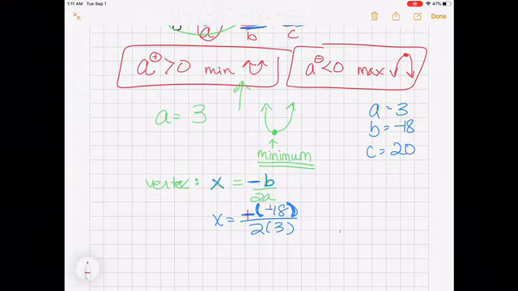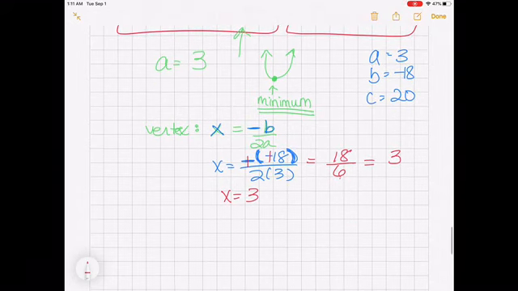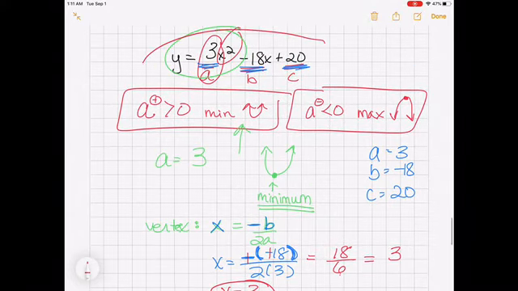So here we go. A negative times a negative is a positive. That leaves me with 18 over 2 times 3, which is 6. 18 over 6 is 3. So at the vertex, x equals 3. So what is the vertex? Well, remember we have to plug x equals 3 back into our original equation.